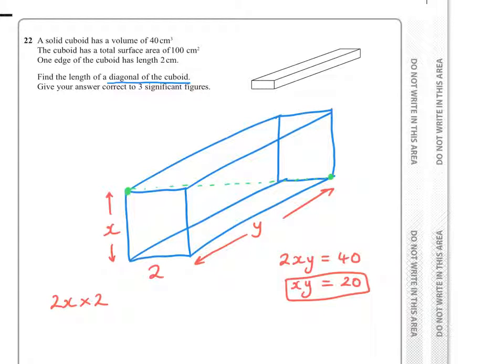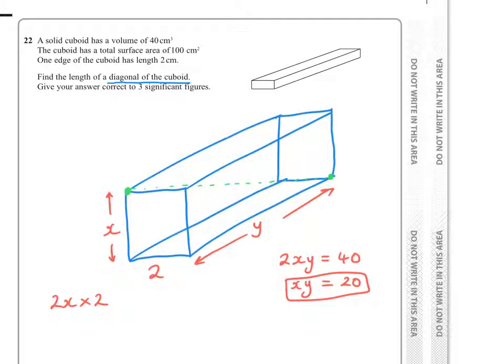Plus, we can then do 2 of these. So that will be y times x, won't it? Because that's x as well. So x times y, but doubled because you've got 1 on the back as well. So that shouldn't be too difficult to write down algebraically.